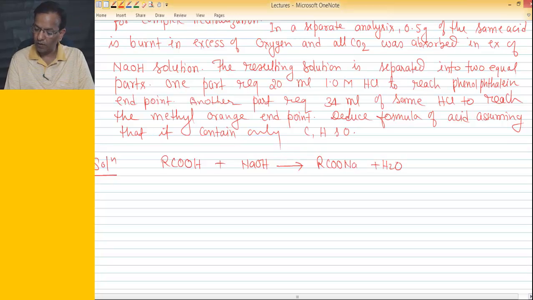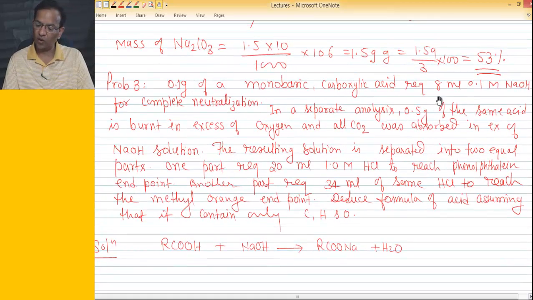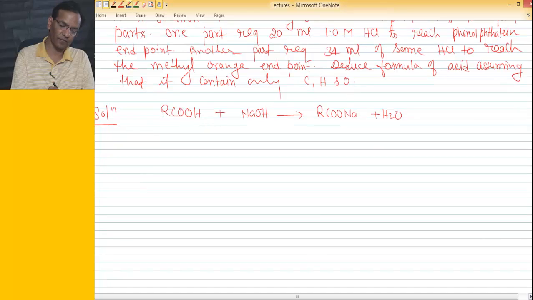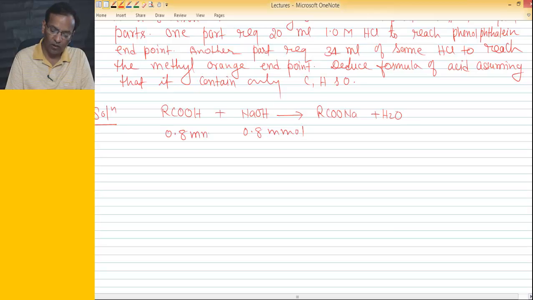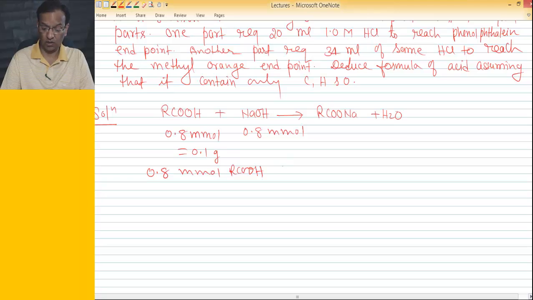So millimole of NaOH required is 8 into 0.1, which is 0.8. So 0.8 millimole will neutralize 0.8 millimole of RCOOH, which is equal to 0.1 gram.